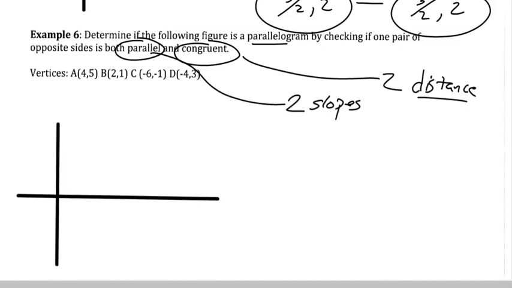I think we're kind of beating a dead horse here, meaning that we've gone over the same thing many a time. Let's just look at this really quickly. We have 4, 5. We had 2, 1. We have -6, -1. And we have -4, 3. Now you might say, well, it doesn't look like a parallelogram.